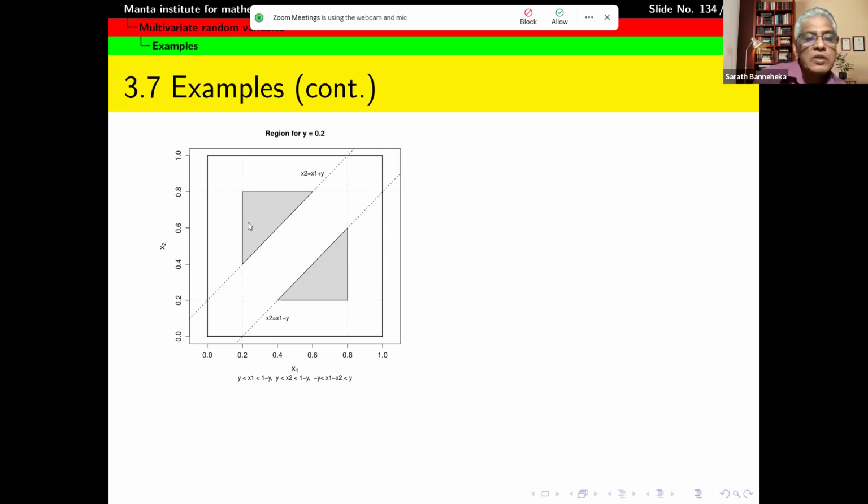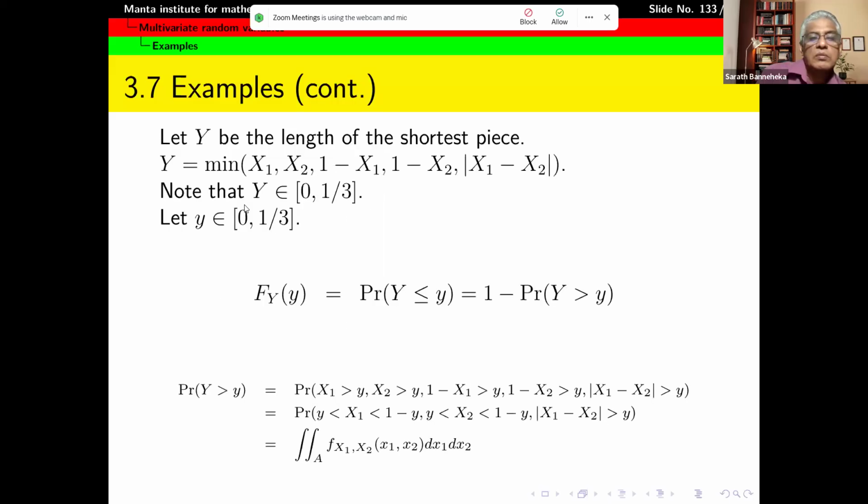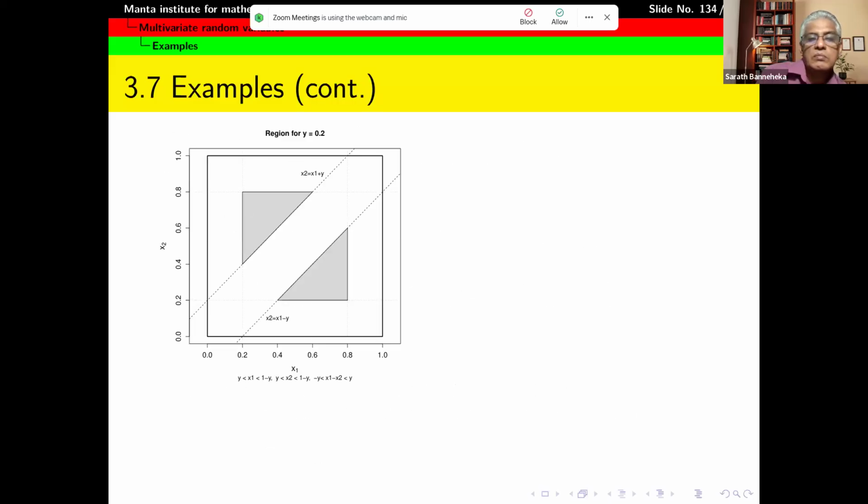So this is y, and then 1 minus 2y. This is y. This is 1 minus y. This is 1 minus 2y, because when x2 is equal to 1 minus y, you get 1 minus y equal to x1 plus y, with this y going to this side.